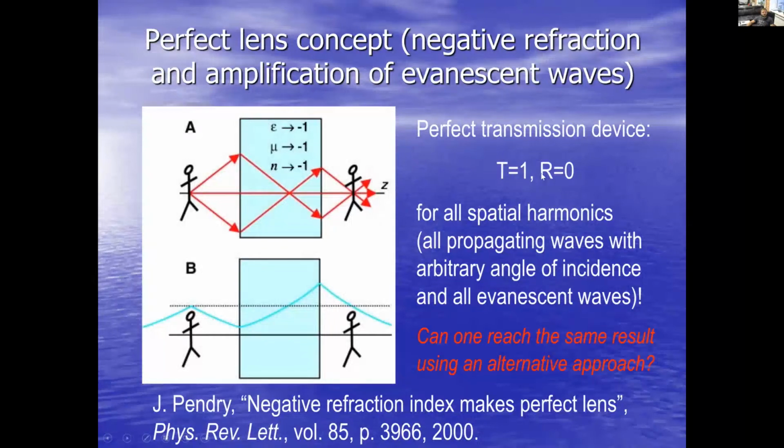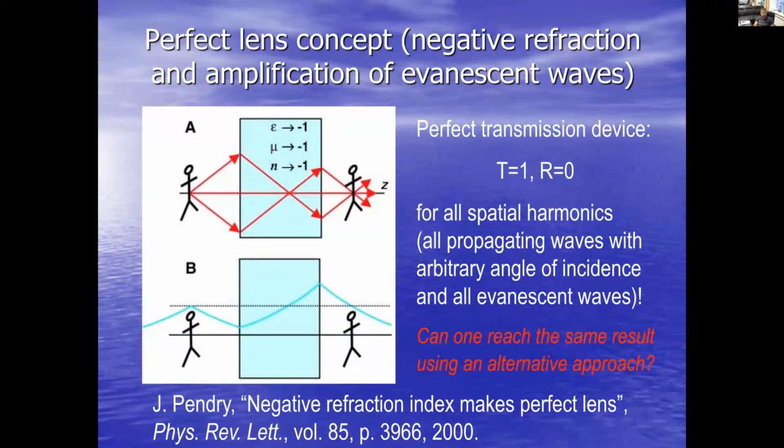Also very important to have 0 reflections, because if you would like to see some tiny details which are much, much smaller than the wavelength of light, it's important not to modify these fields. And as soon as you have a lens, placing it next to your object, if certain reflection appears, then you already see not the original distribution of the field, you see some mixture of the original field plus reflection.